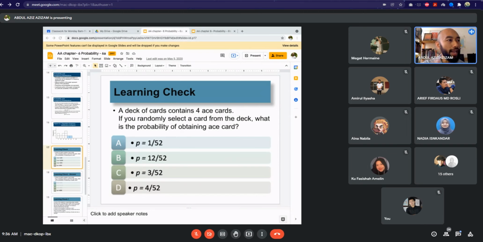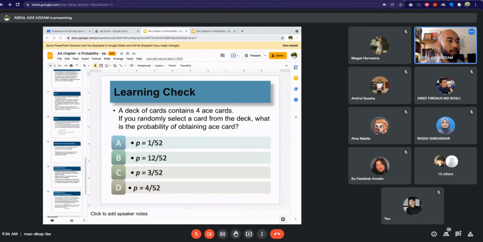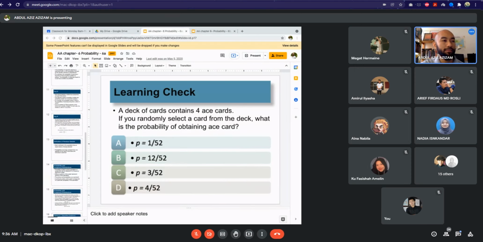If you randomly select a card from a deck, what is the probability of obtaining ace card? Macam mana? Kalau kita by random, kita nak ambil ace card. Ace ada 4. Jadi by random, kita nak ambil ada 52 card. Jawapan dia apa? Berapa probability dia?